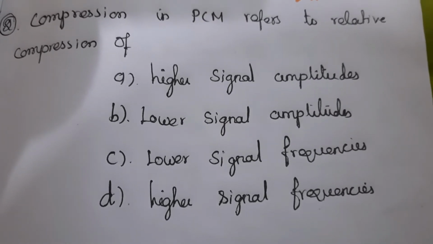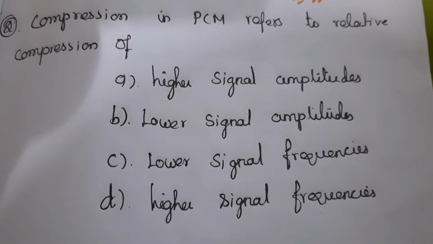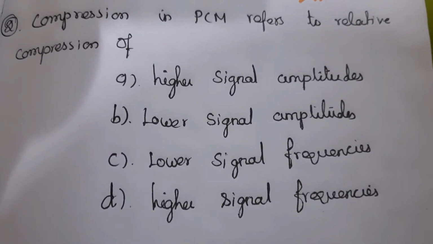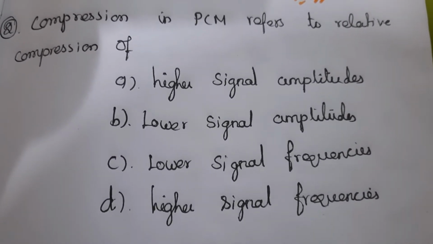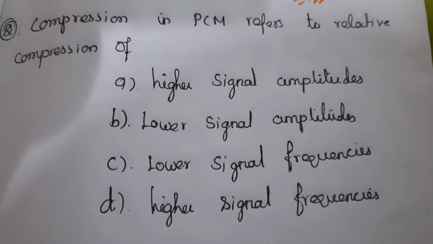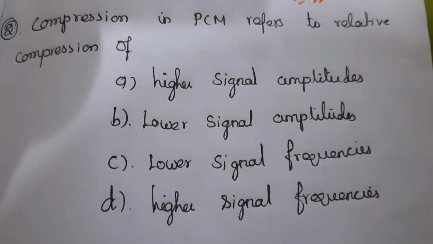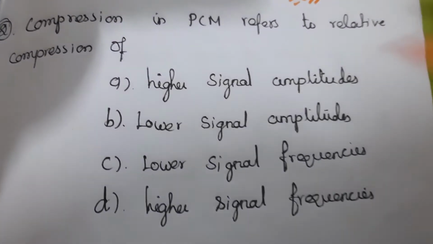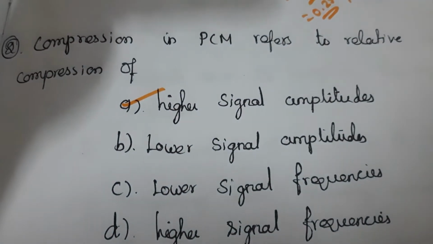So higher signal amplitudes, the PCM performs that compression and expansion. It expands at the receiver side and compression is performed at the transmitter side. So here the answer is E.